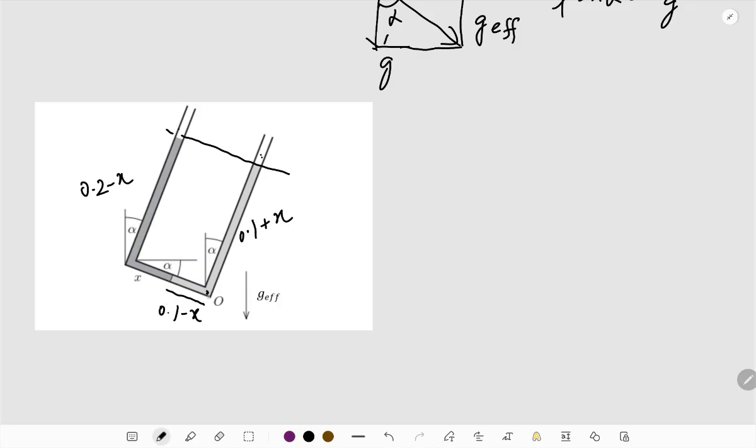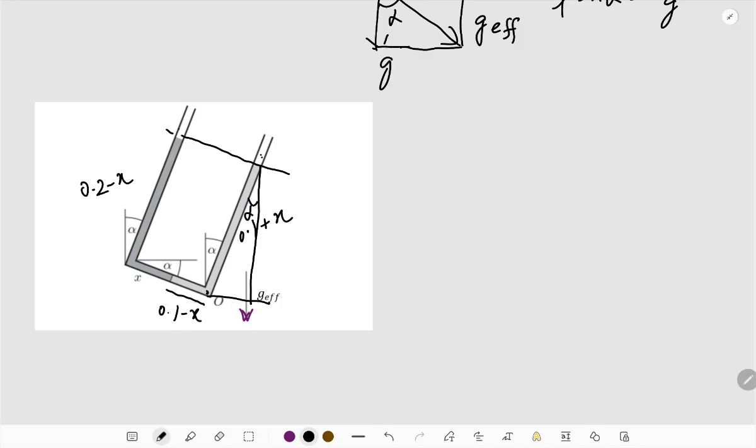And this length, because the G effective is in this direction, you should remember this. G effective is in this direction, so this angle will be alpha.